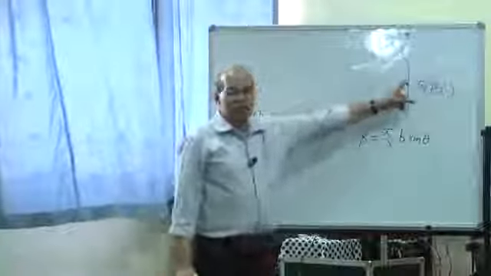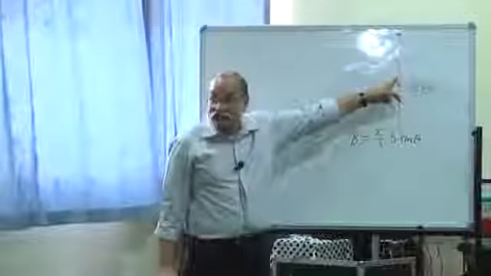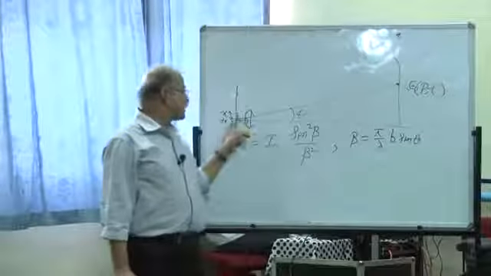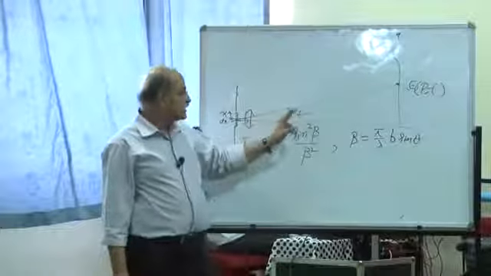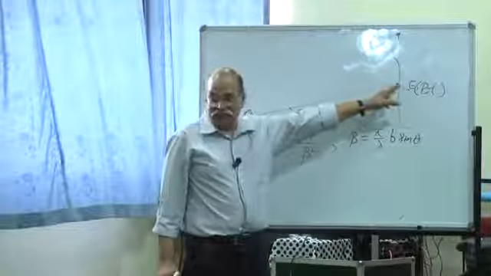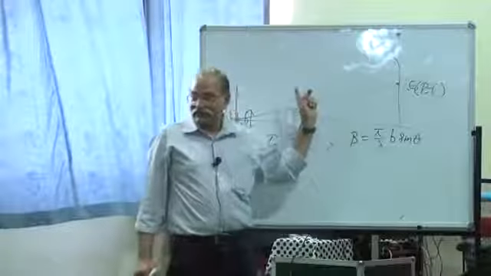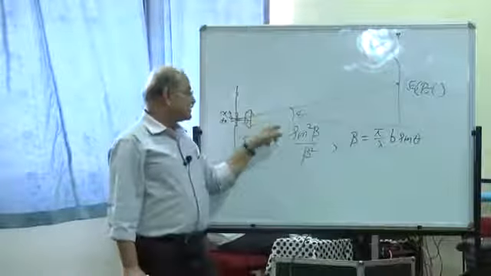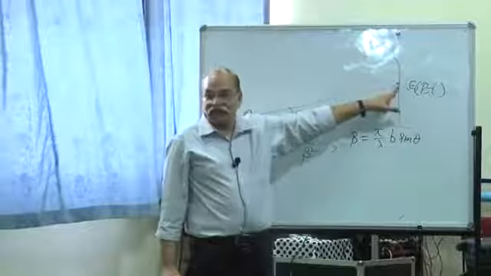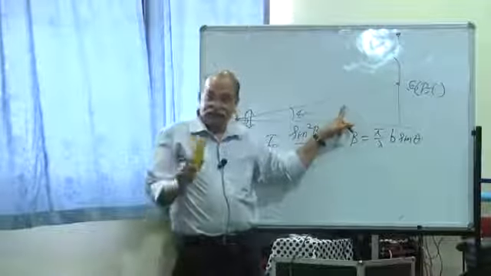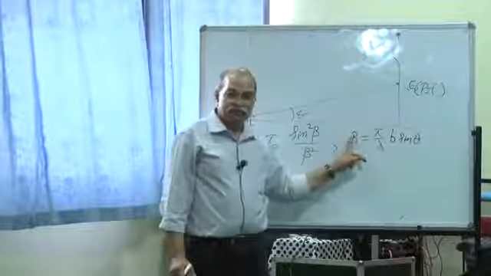So theta decides p. At what point you want intensity? Join that to the center, and with this x direction see what is the angle. So this theta, this p, one-to-one relation. For each p, you just join and see what is this theta. So if I want to know the electric field at p, I find theta from here, first thing. Then I find beta from here.